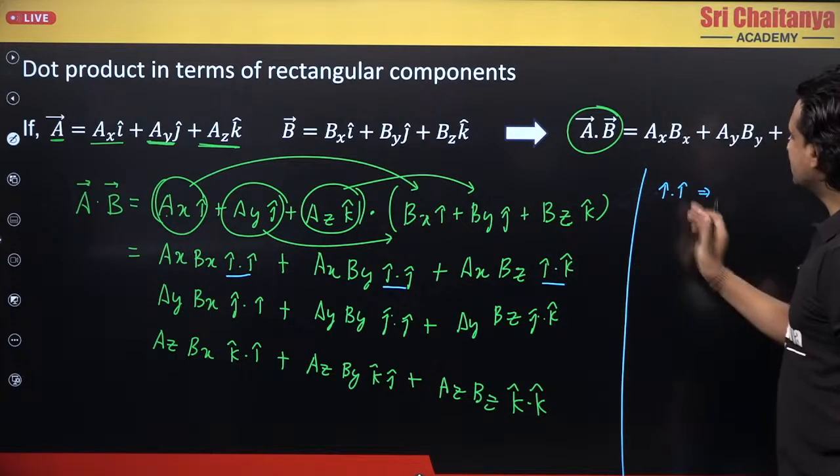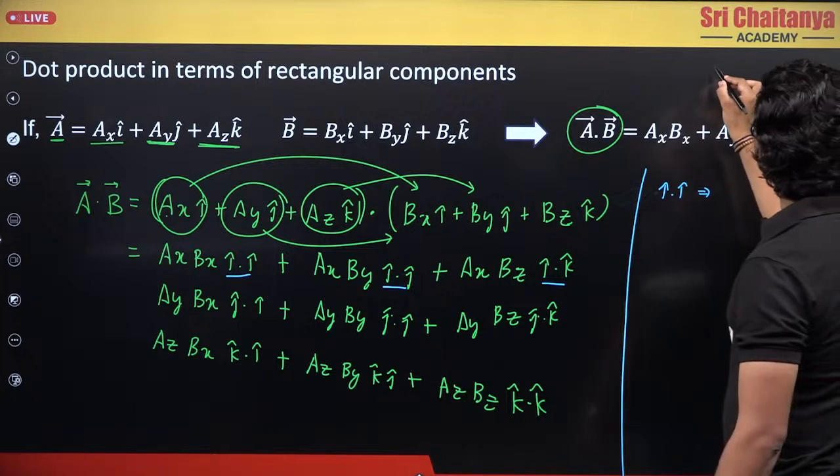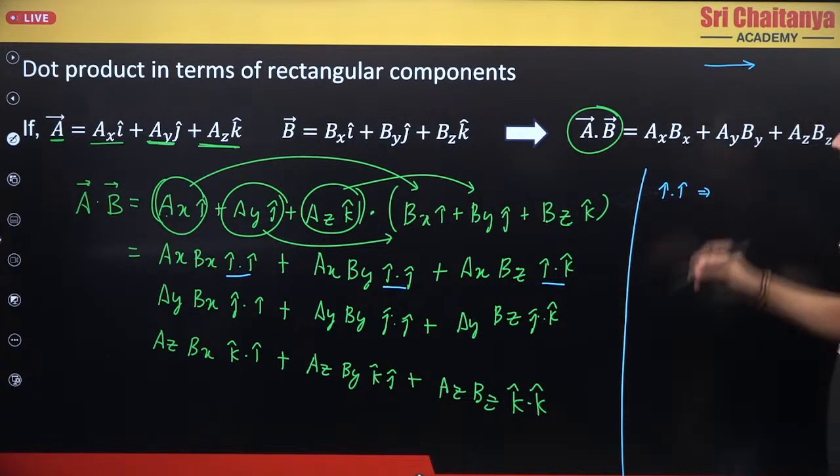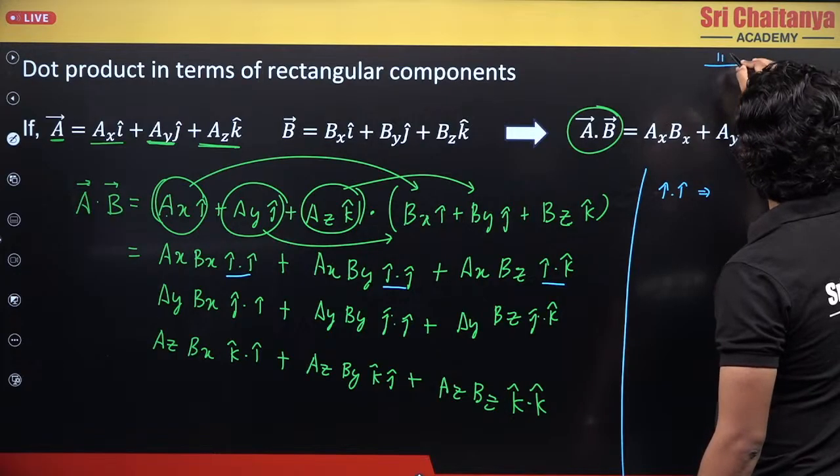So let's understand what is i. i cap is a vector along the x direction, and its magnitude is 1.